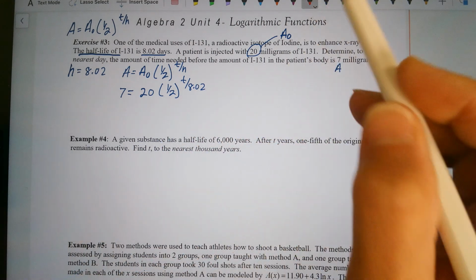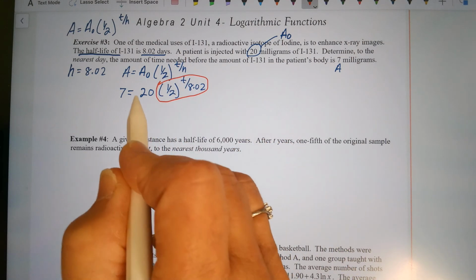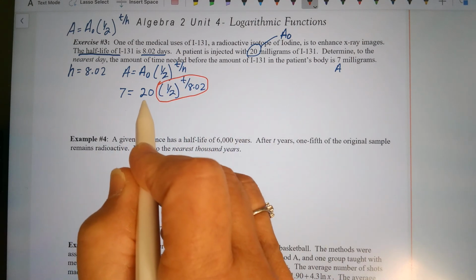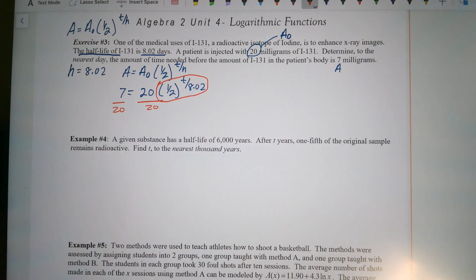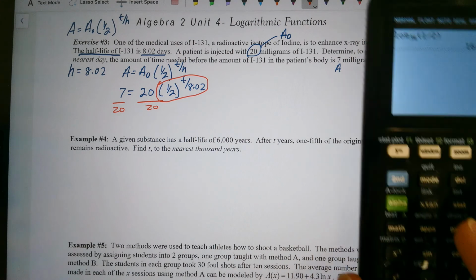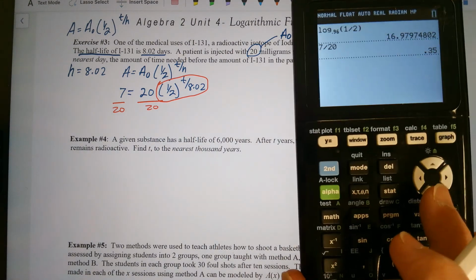We're solving for t, and t is part of an exponent. We want to get that base and exponent by itself, so please circle that. Divide by 20, and 7 divided by 20 is 0.35.